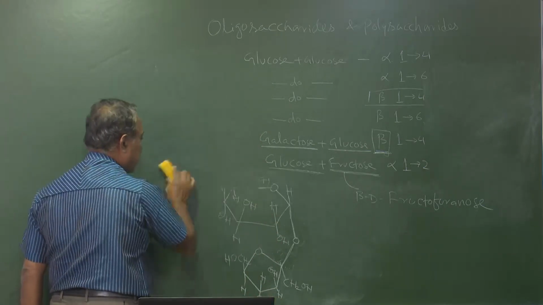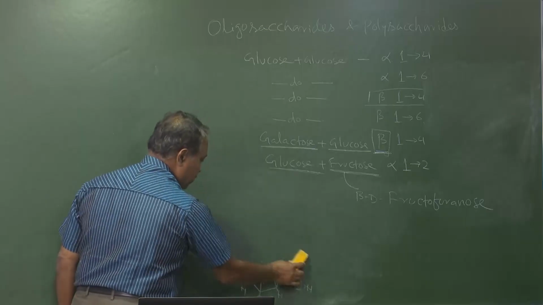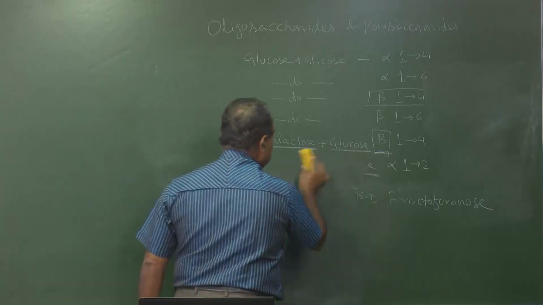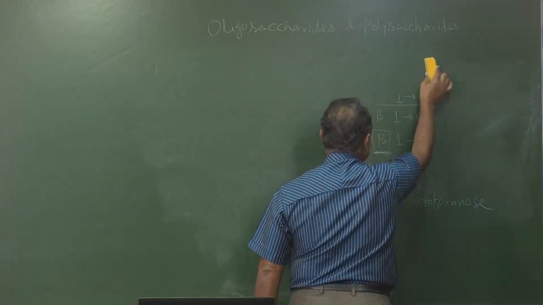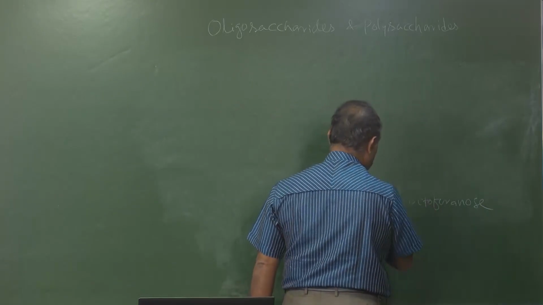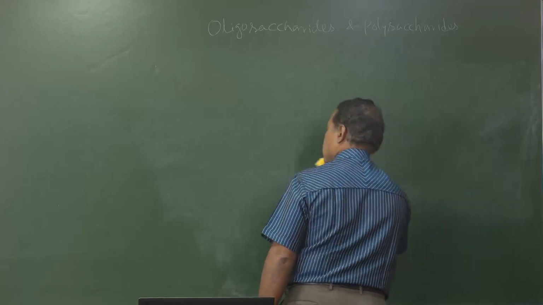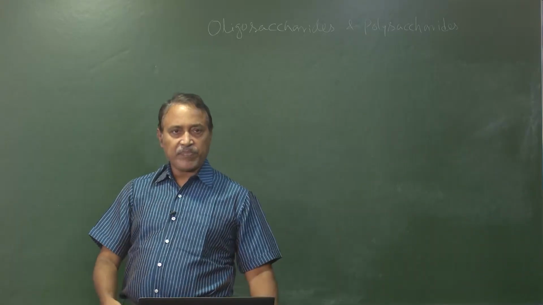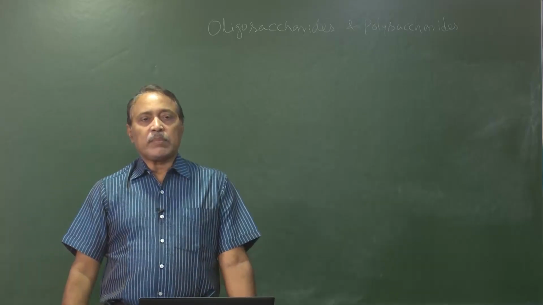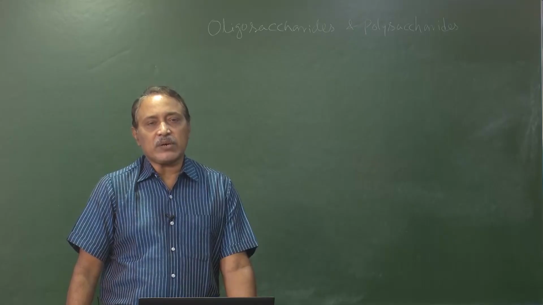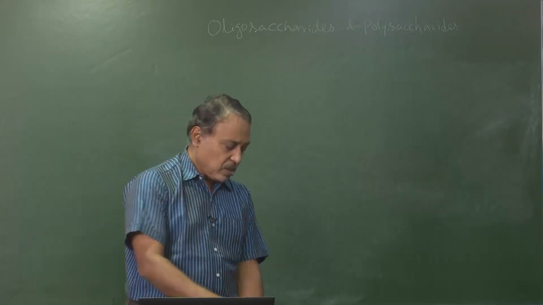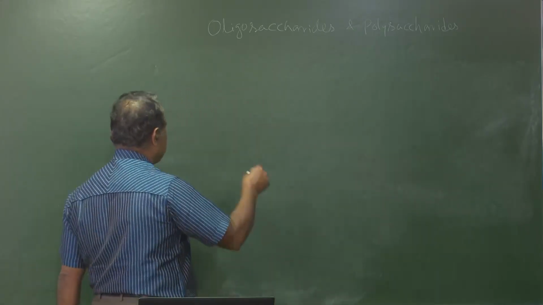So next we go for polysaccharide. When we say polysaccharide, we mean more than 30 monosaccharides are joined together. How do we express it? We speak it like this. Polysaccharides are those which upon complete hydrolysis will produce above 30 monosaccharide units.